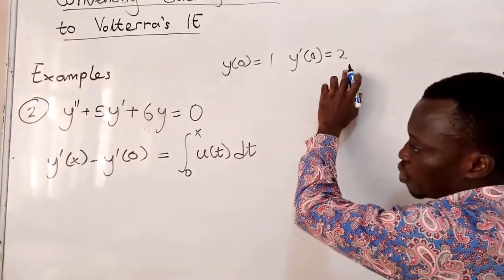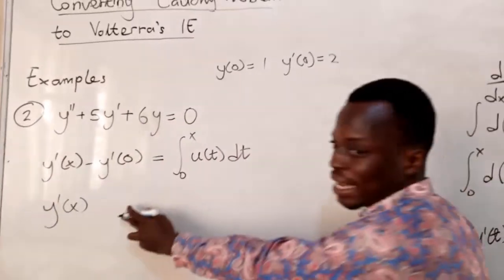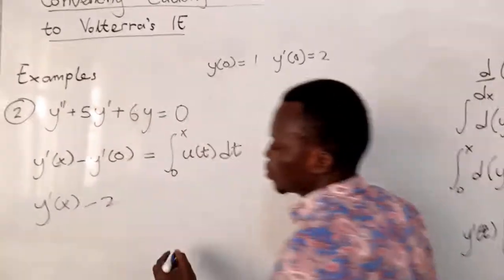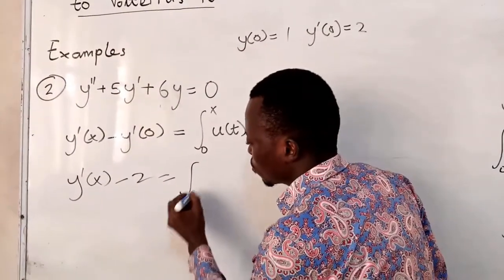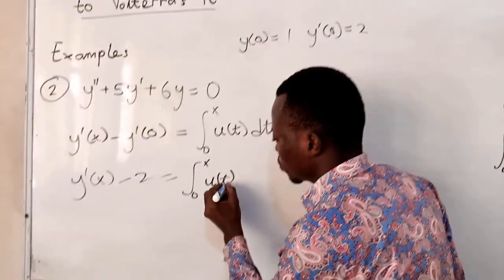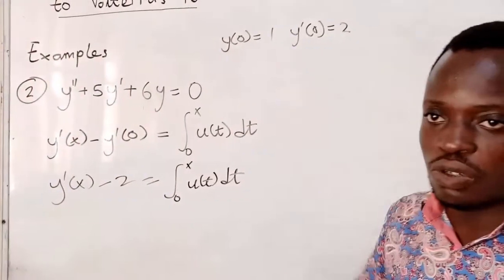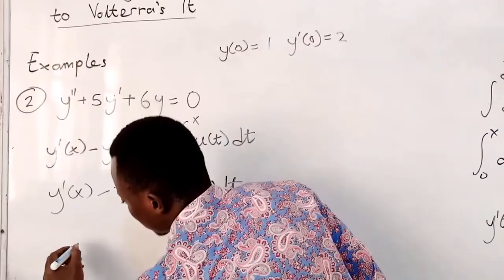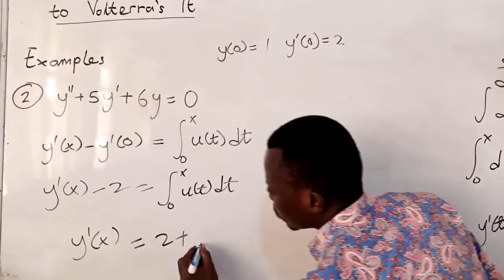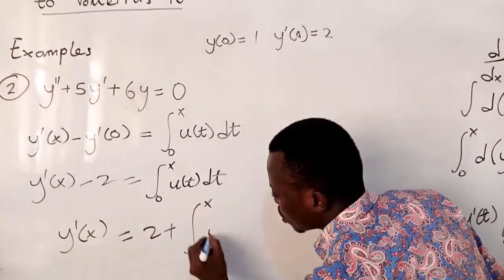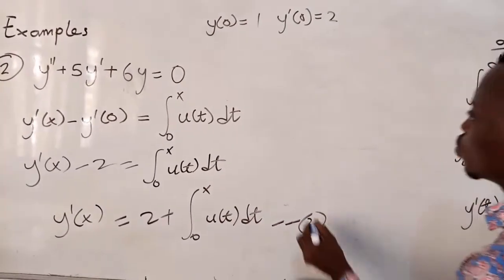And we are going to have y prime of s minus 2, which will be equal to this. Now let's make y prime of s the subject of the equation. The resulting equation becomes y prime of s, which is equal to 2 plus integral from 0 to s u of t dt. Let's name this as our equation 2.